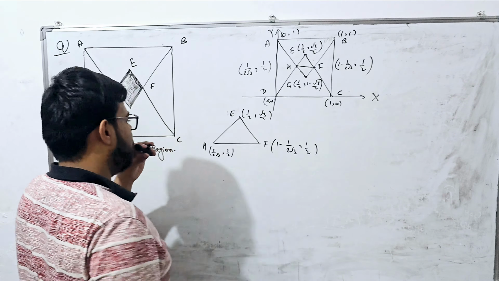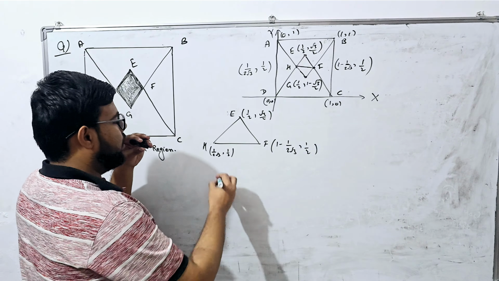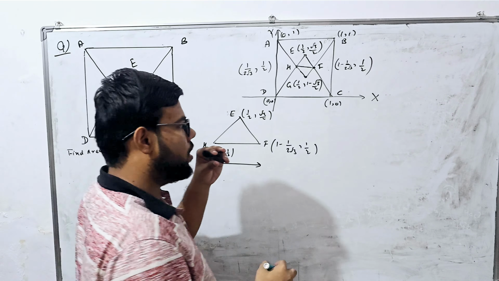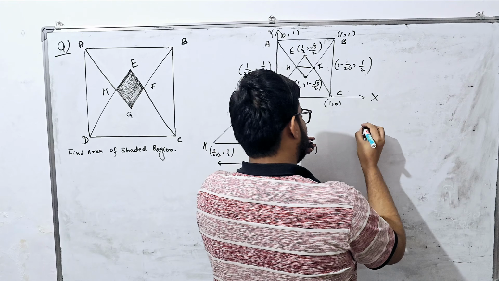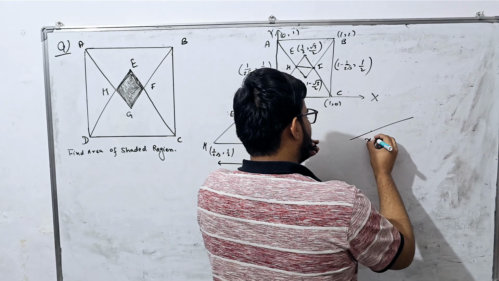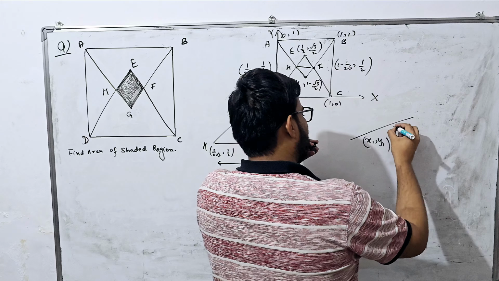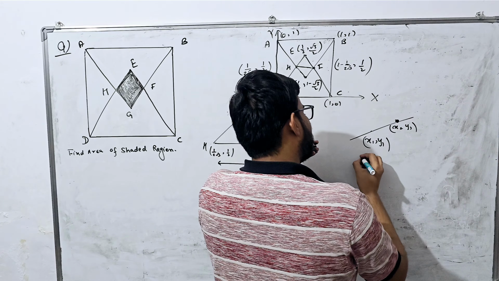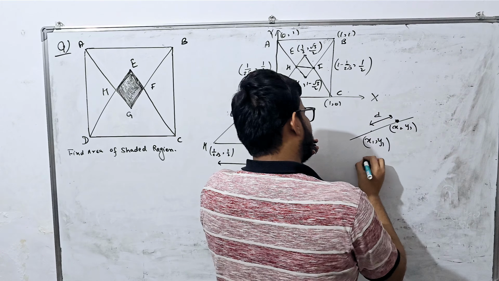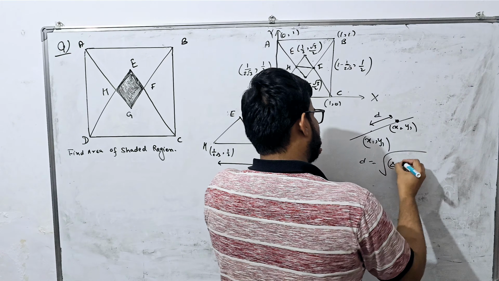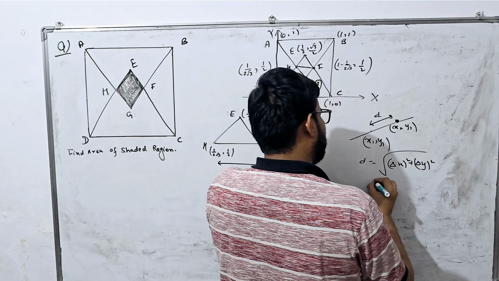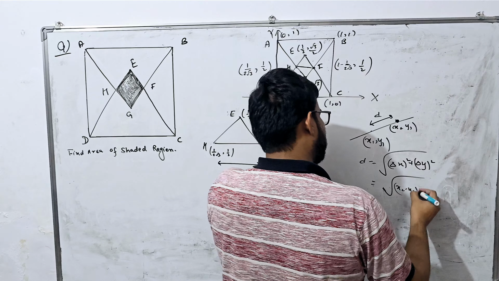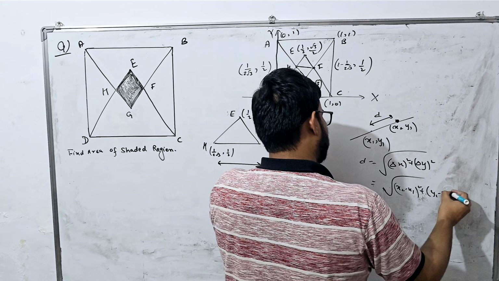Okay. So you know that this length you can find by applying the distance formula. What is the distance formula? It states that suppose you have a coordinate system x1 comma y1, and you have over here x2 comma y2, then the distance between them is given by root of delta x square plus delta y square, or simply root of x2 minus x1 whole square plus y2 minus y1 whole square, correct?